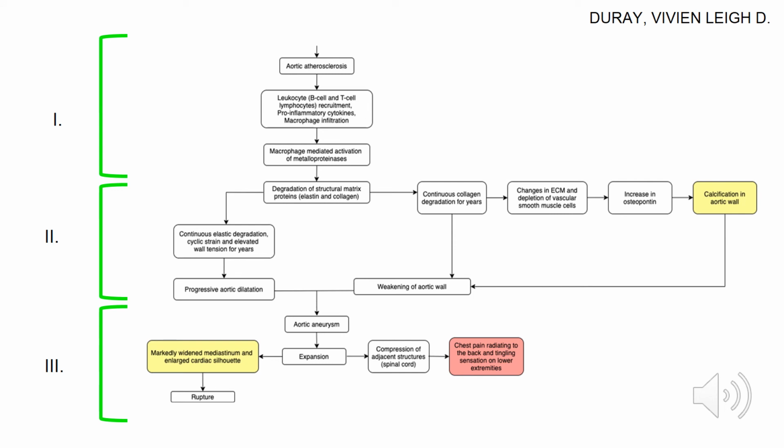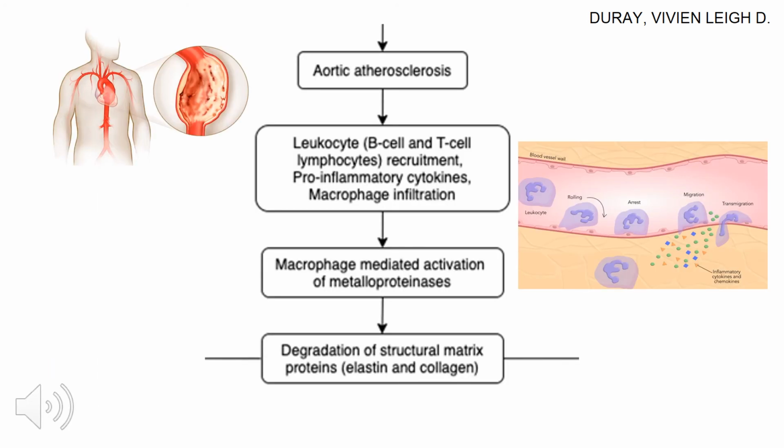For the second half of the pathophysiology, we will be dividing it into three parts. From the first half, we stopped at the development of aortic atherosclerosis. This would trigger the recruitment of leukocytes, especially the B cell and T cell lymphocytes, pro-inflammatory cytokines, and macrophage infiltration.